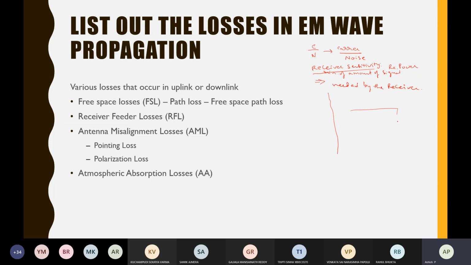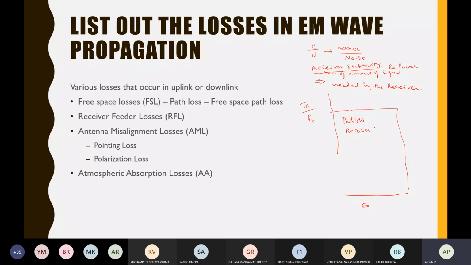The general logic, I am telling through common sense, is this: how much you have to transmit at the transmitter, PT, that is the transmitted power. You should first know how many losses are there in the propagation environment. One is path loss, one is the receiver feeder loss, because within the receiver, internal noise will be there.